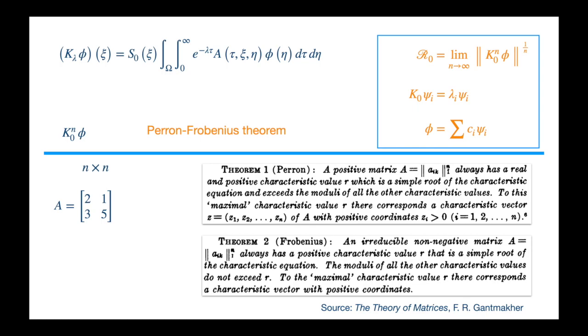By the way, non-negative means the entries could be 0. An irreducible matrix is easy to explain with a little bit of calculation. Let's say this matrix represents the transition between two states. We can see two of the entries are 0, meaning there is no transition from state 1 to itself, or from state 2 to itself in one step, or in one generation in our case.